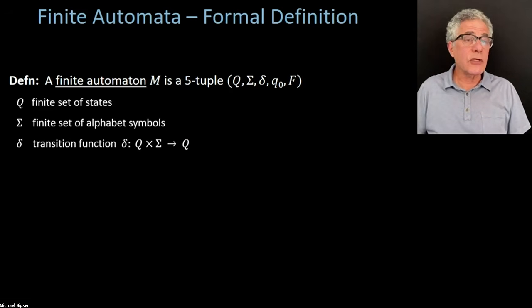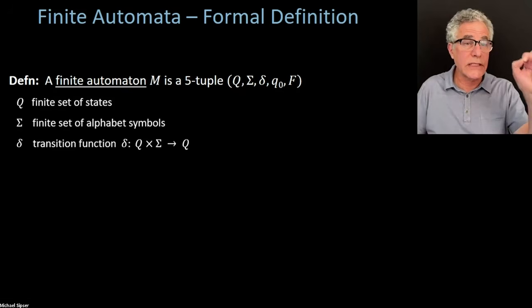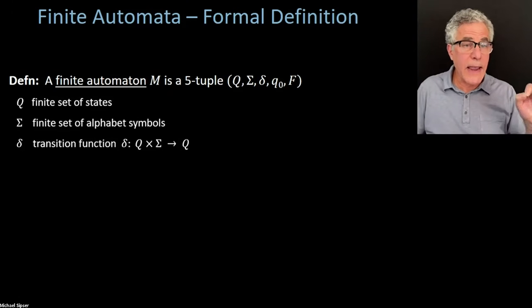Delta is the transition function. That tells us how the automaton moves from state to state. It describes those transition arrows, the arrows which connected the states with each other, in a mathematical way instead of in terms of a picture. The way I'm doing that is with a function. So delta is a function which takes two things. I'm hoping you've seen this notation before.